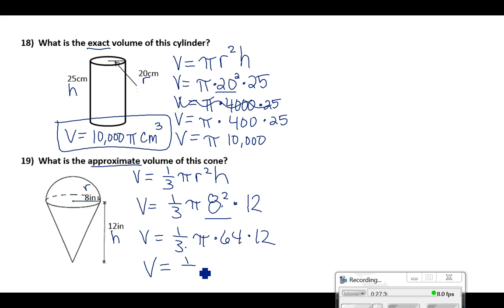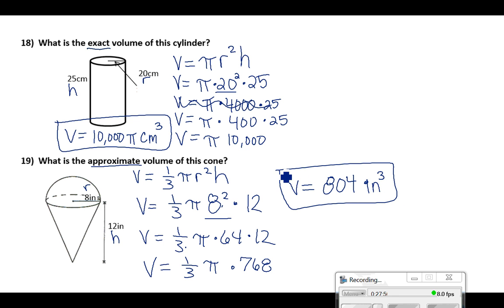So V equals 1/3 pi times 768. We're not finished yet because we need to multiply with everything and divide by 3. So we're going to have V equals approximately 804 inches cubed, after you multiply by 3.14, or the pi button on your calculator, and then divide by 3.